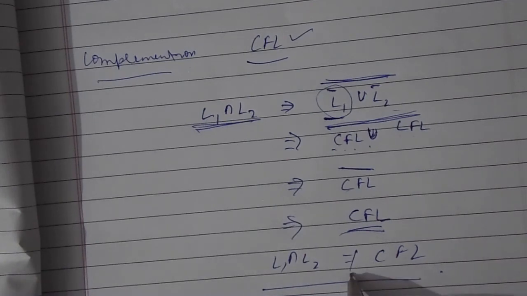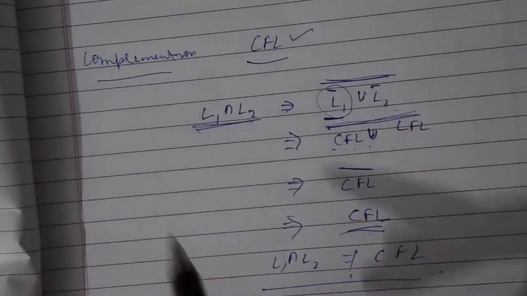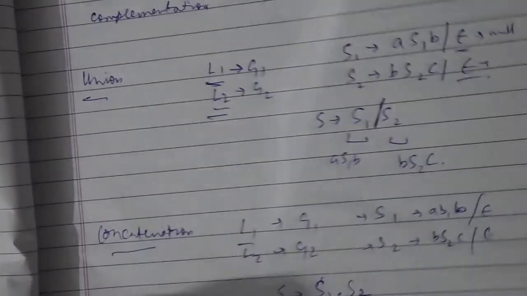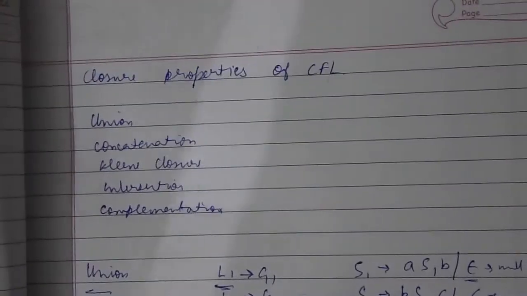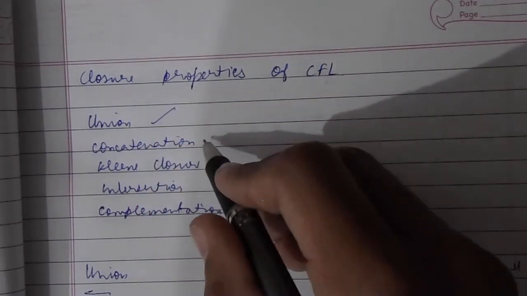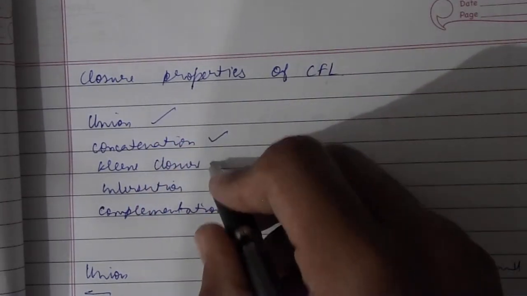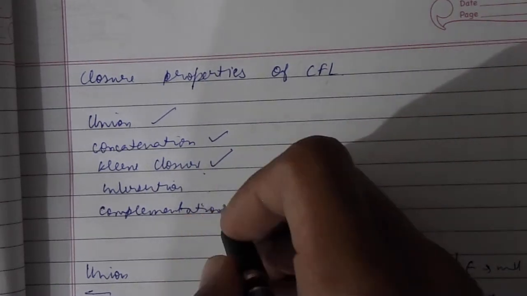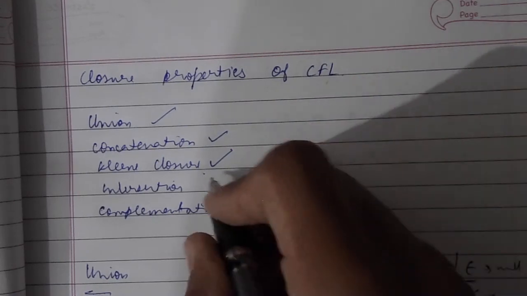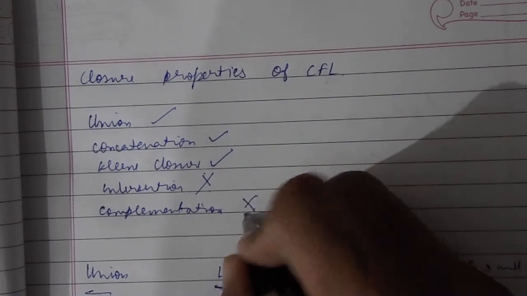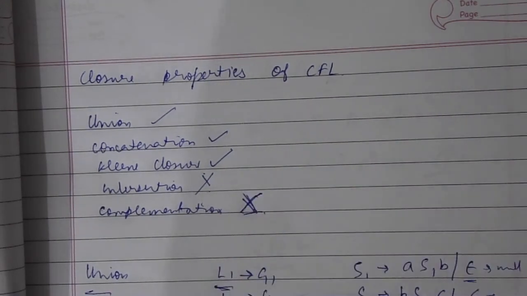Hence we can say that CFLs are also not closed under complementation. So we conclude the closure properties of a CFL: it is closed under union, closed under concatenation, closed under Kleene closure, but not in the case of intersection. CFL is also not closed under complementation, as we have proved.